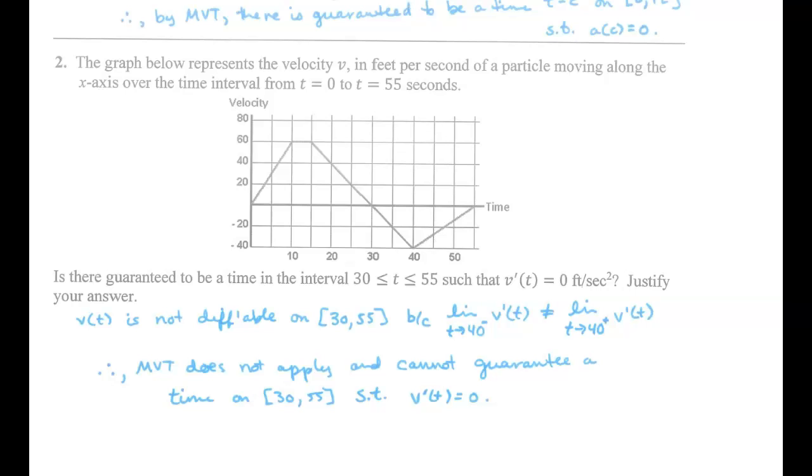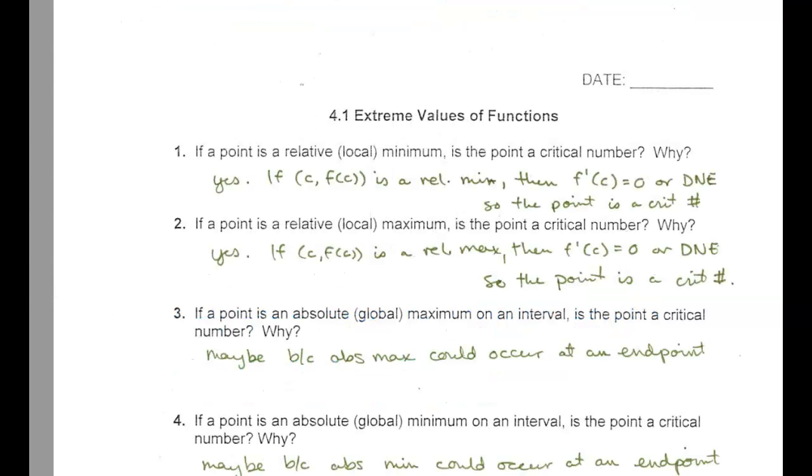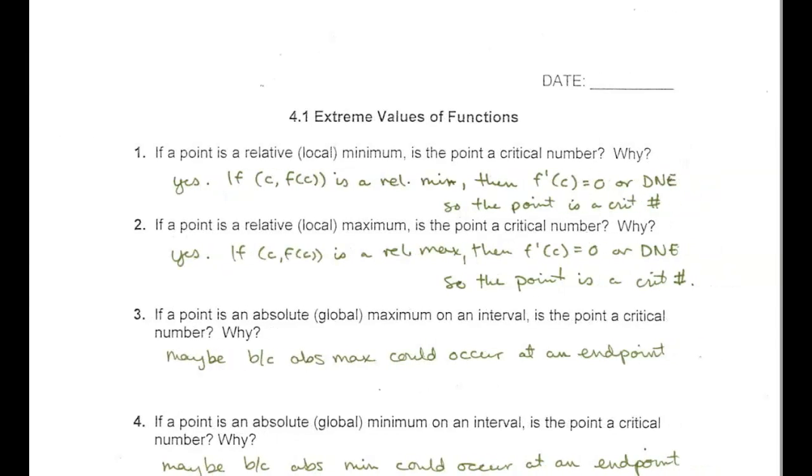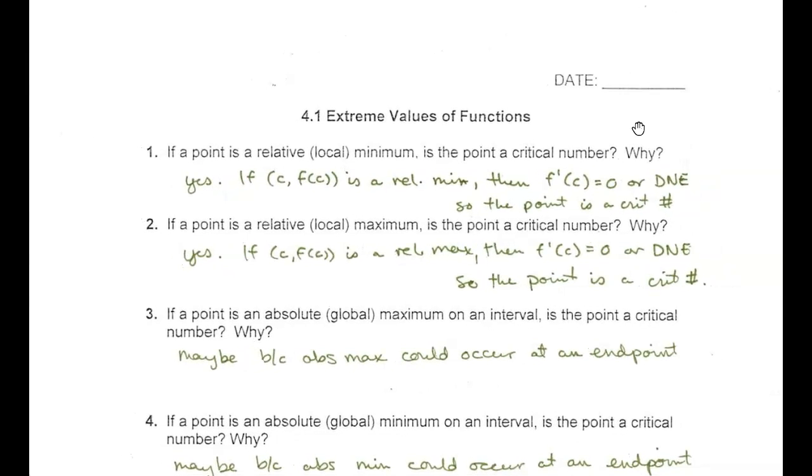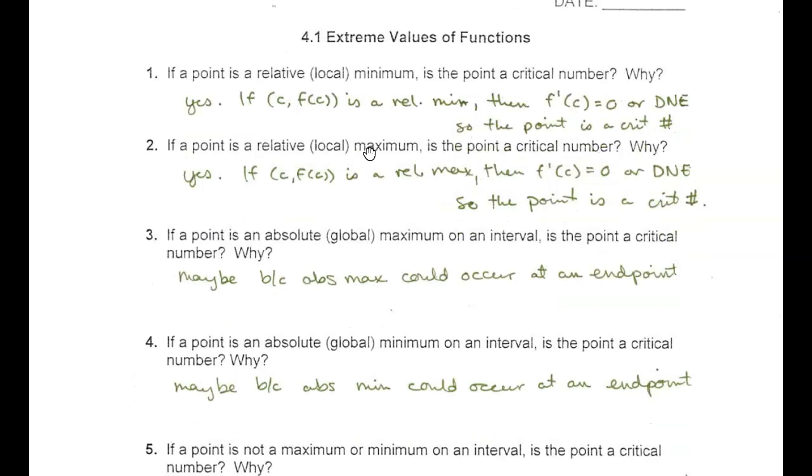And then you also looked at 4.1. You looked at the extreme value theorems of a function handout. So this handout says if a point is a relative min, is that point a critical number? So a lot of math in calculus is about being able to justify and reason as to why something is or isn't true.